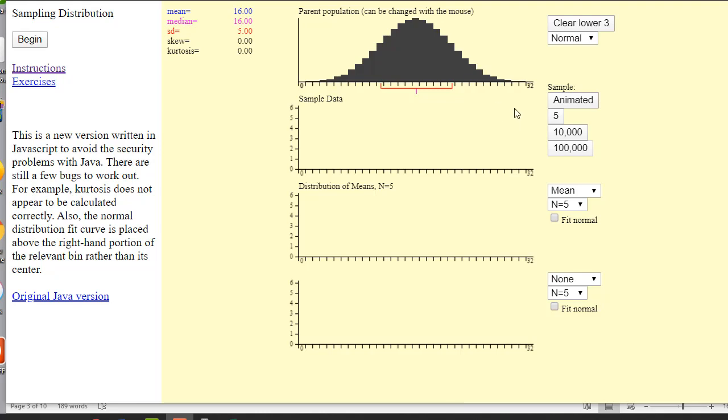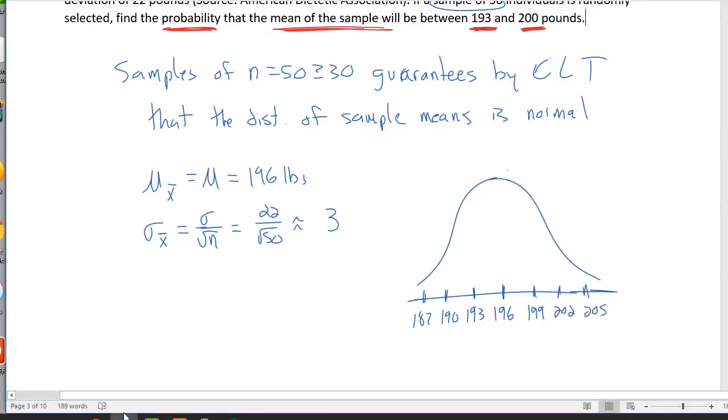Coming back to the simulation real quick, to remind ourselves, if I'm taking samples of size 50, here are all my data points, and once I calculate the mean of all of those data points, I plot that mean. Here's that mean. So the question is asking, within the larger distribution of sample means, what's the probability that my one sample mean fell right there?